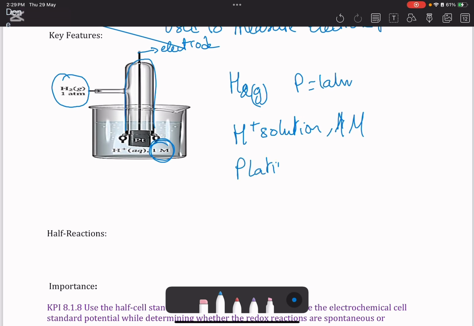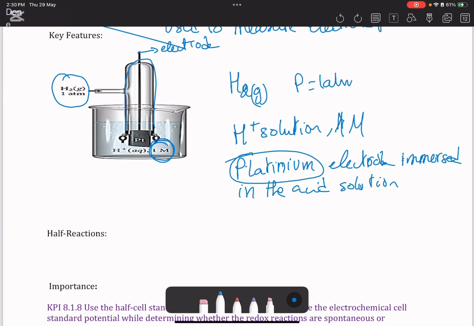So a platinum electrode immersed in the acidic solution.